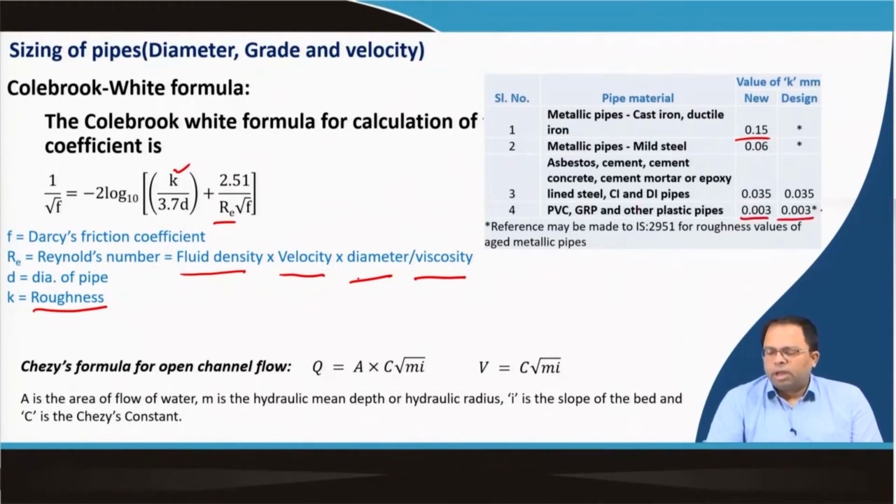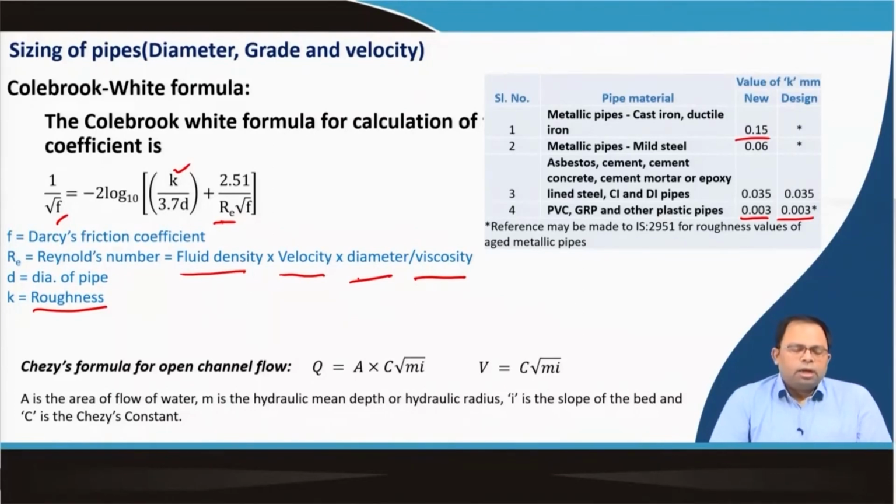And for design purposes, we also use the same smoothness values. So, roughness values or smoothness values, whatever way you want to call it, doesn't matter, but both roughness as well as Reynolds number are useful for determining the Darcy's friction factor. So, this together can be used for designing pipelines.